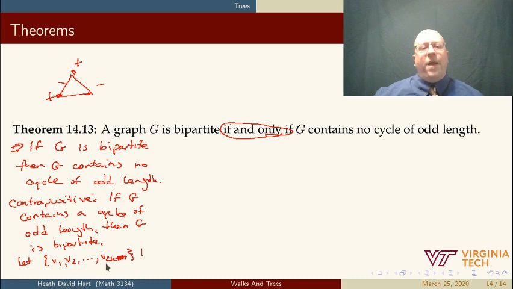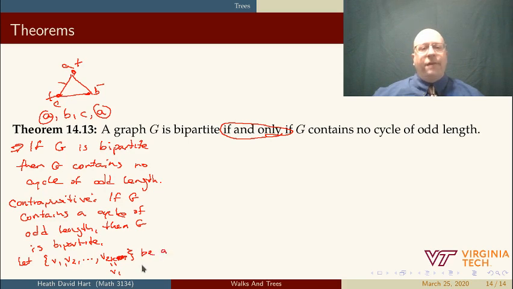Except that V2k+1 is the same thing as V1 because it's a cycle. Sorry about that. Got a little confused. The cycle here, if I call the vertices A, B, C, the cycle is A, B, C, and then back to A. So there are 4 vertices listed in a cycle of length 3, but the first one and the last one are the same.